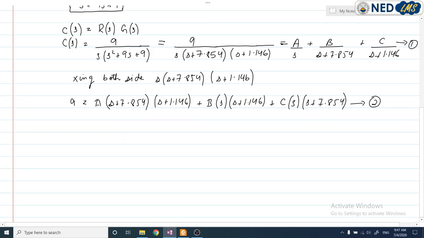So to get the value of A, I am putting s equal to 0 in equation 2.